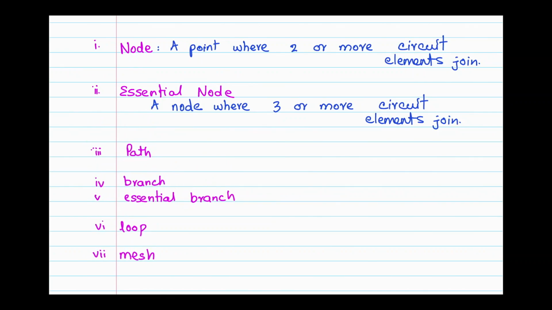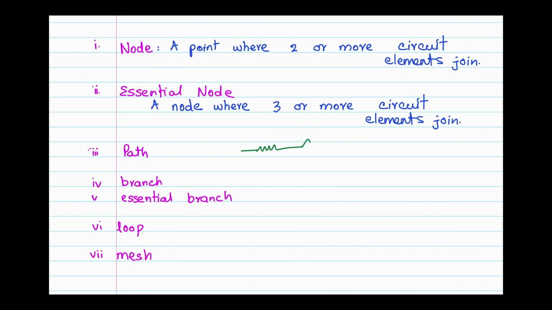Okay, now let's look at what a path means. What a path really means is a trace of adjoining basic circuit elements with no elements included more than once. Okay, so that's the textbook definition. A path really is when you have a bunch of different basic circuit elements.